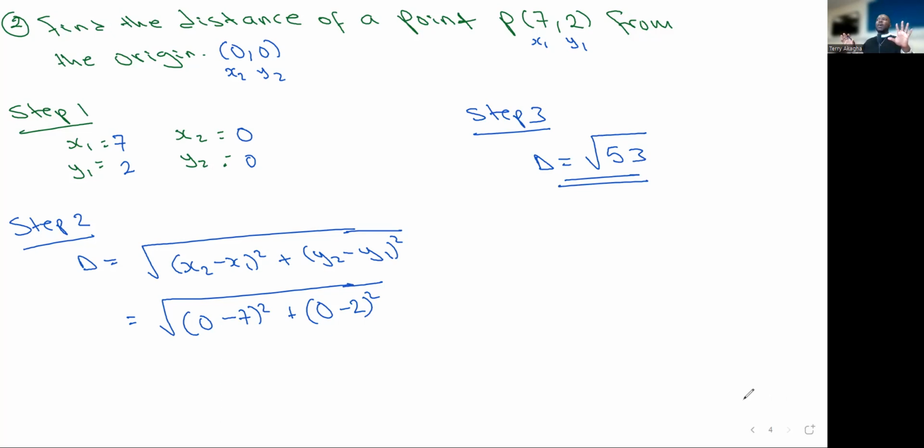So basically, you have to first identify which is your x1, your y1, then you identify which is your x2 and your y2. So to get the distance, you just apply the distance formula, and you should get the same thing. Number 3, I have this example here.